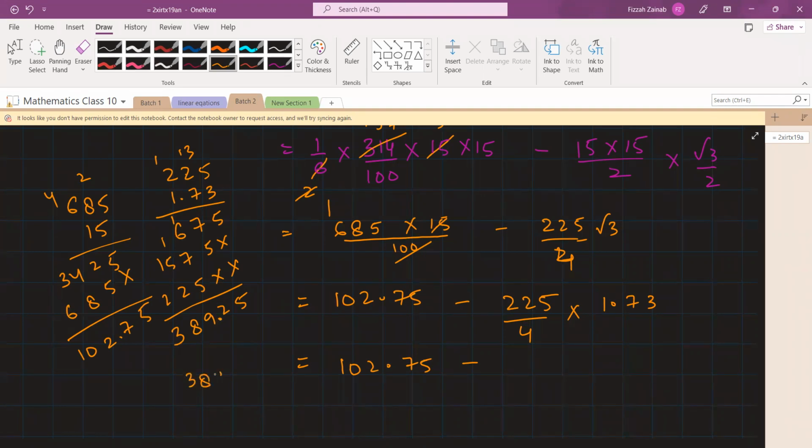So 56.25. Okay, let me just check. Okay, 4 into 9 will be 36 here. You actually did 225 by 4 now. Okay, so you have divided that. Yeah, then I'll multiply it by 1.73. But you should get the same thing that way also. Yeah, I didn't multiply it by 1.